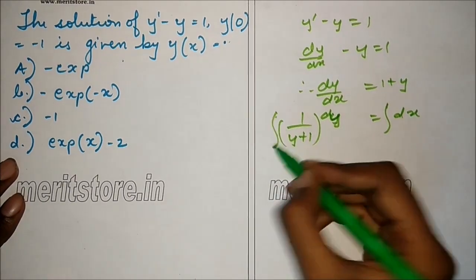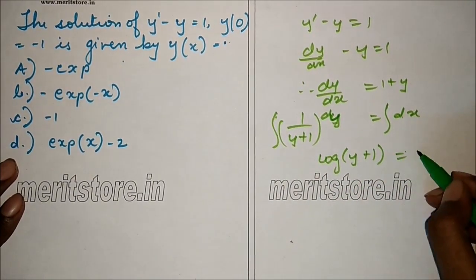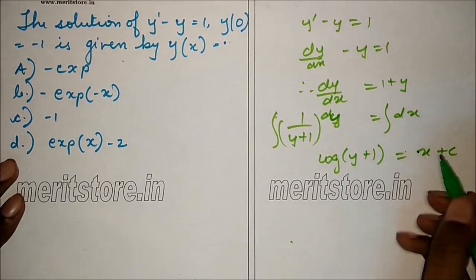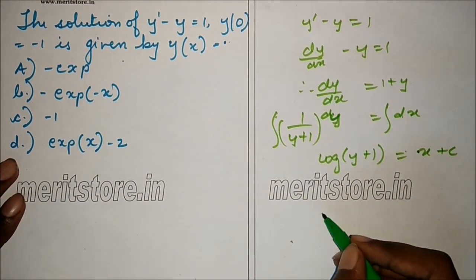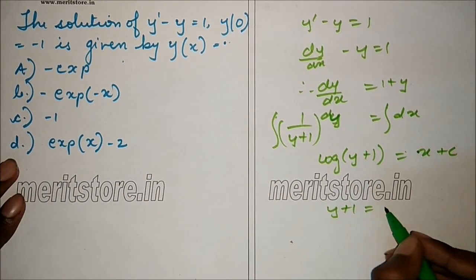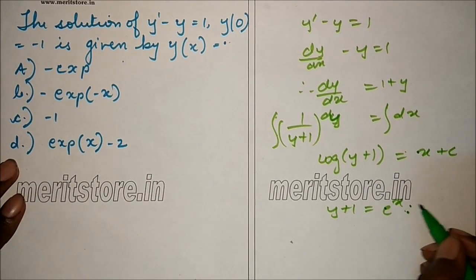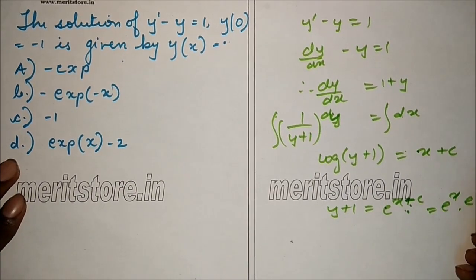So integrating both sides, we get log of y plus 1 equals x plus c. So taking anti-log on both sides, that is exponentials, this will be y plus 1 equals e raised to x plus c. That is equal to e raised to x into e raised to c by law of indices.